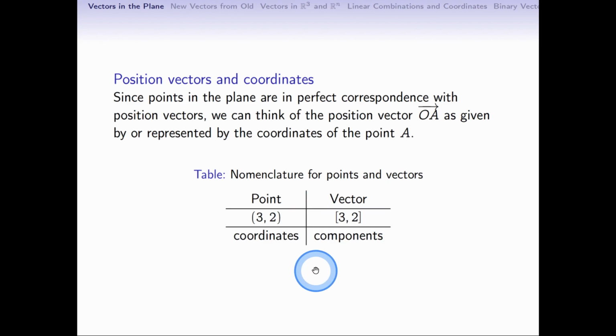So we have notation for points and notation for vectors, and nomenclature: we talk about coordinates of a point, and components of a vector. But remember that every point in the plane does give rise to a position vector, and every position vector does give rise to a point in the plane. There is this natural correspondence between them, but they truly are different things, and we want to keep that distinction straight in our minds.